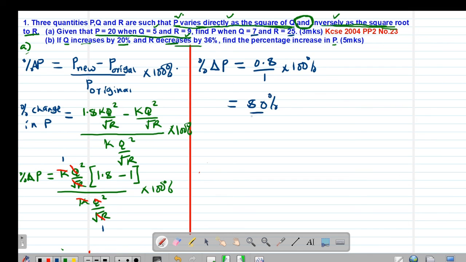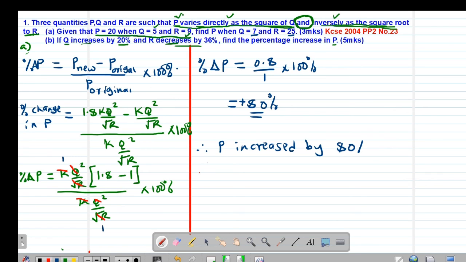So remember, if you get a positive value, it simply means that the change is positive, or there was a percentage increase. But should you get a negative value, it means there was a percentage decrease. Therefore, we are told to find the percentage increase in P. We are simply going to say that P increased by 80%.